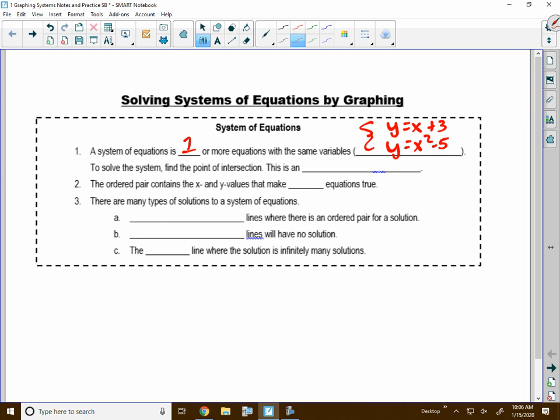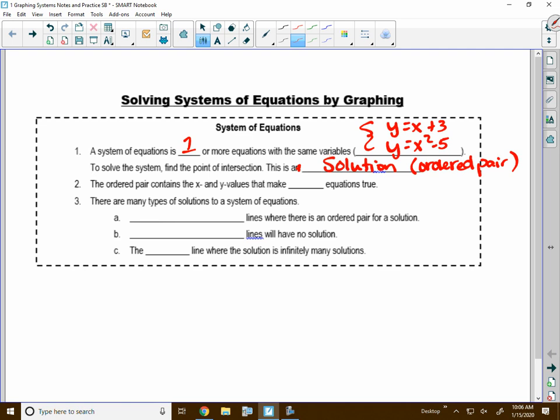To solve a system of equations, if I give you a system of equations that looks like that, for example, and I say solve this system, you are looking for where those two graphs intersect. We call that a solution. This is a solution, and it will be written as an ordered pair, x comma y.